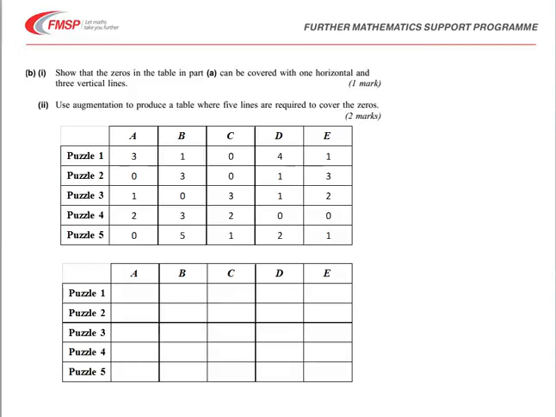Well, we've now got this table, and we're asked first of all to show that we can cover the zeros with 1 horizontal and 3 vertical lines. So we can do that.